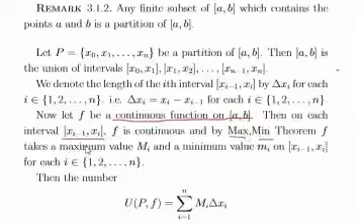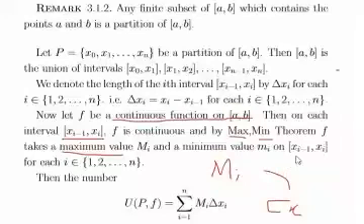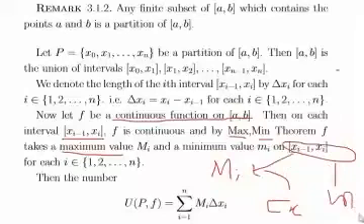Let's denote the max value as M sub i. This is the max value of f on this interval here. The other one, this one, is the minimum value, m sub i, of f.